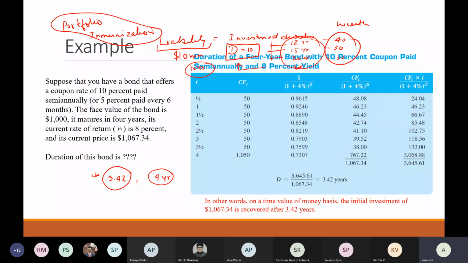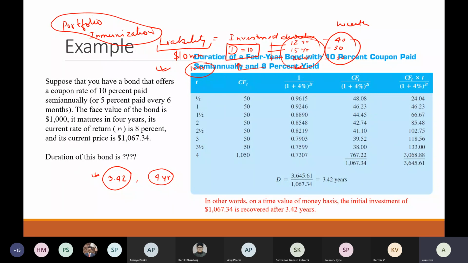Generally, when companies are going for investment and have some kind of liability, they use this understanding of the duration concept and create a portfolio accordingly, so that in the year when the company has a liability, it will have enough wealth or capital to meet that obligation.